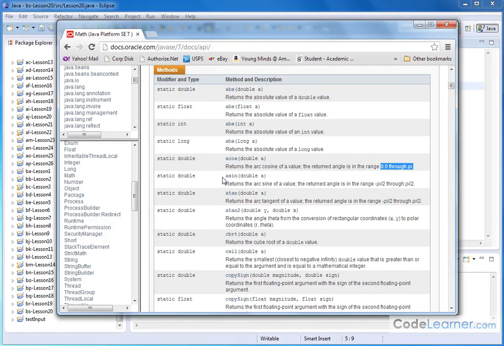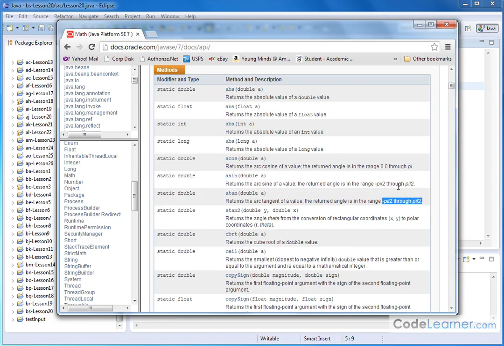Now for the inverse sine, we have asin, which is the arc sine. We give it a double value, and the angle that we get back is going to be between -pi/2 and pi/2. Again, all of the answers coming back are in radian measure. Then we have arctangent, the same sort of thing: stick a number in there and you get the angle back, between -pi/2 and pi/2.